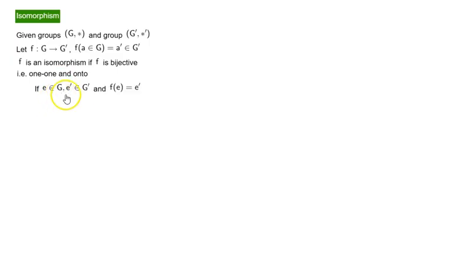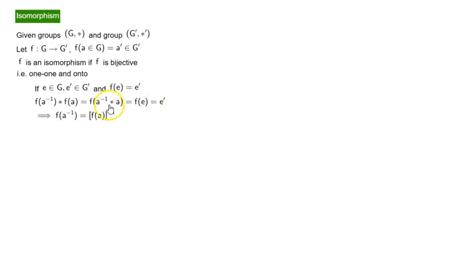So if E is in G, E prime is in G prime, and F of E is equal to E prime, then we can say F of A inverse times F of A is equal to F of A inverse times A, which is equal to F of E, which is equal to E prime. So here, how did this F of E come?